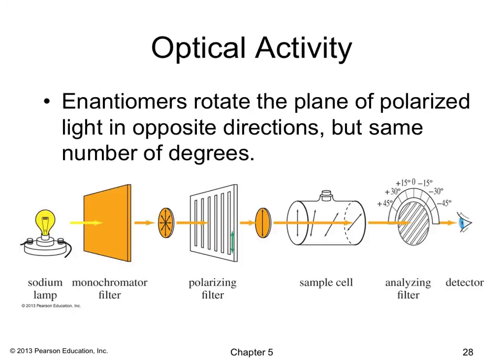So in terms of optical activity, an enantiomer rotates the plane of polarized light in opposite directions, but the same number of degrees. So if we take our light source, here's our monochromator filter, but then you put a polarizer, you'll now get plane polarized light. If you put it through a sample that has a particular enantiomer, it will rotate that. So you're seeing that the light is being rotated a certain number of degrees that you can detect.